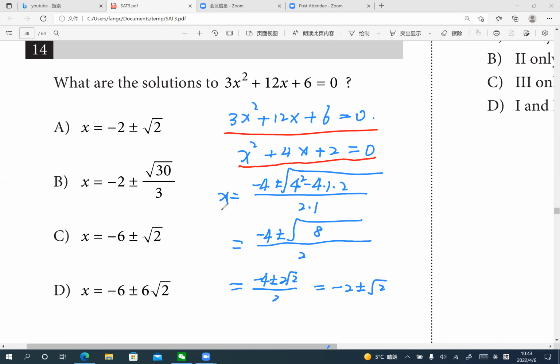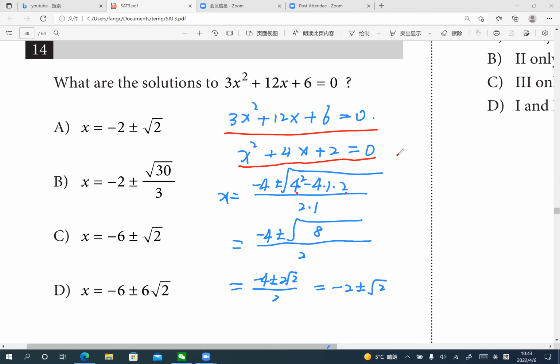Then we use the quadratic formula to find the value of x. So x equals, the denominator is 2 times 1, and the numerator is -4 plus or minus the square root of 4 squared minus 4 times 1 times 2.